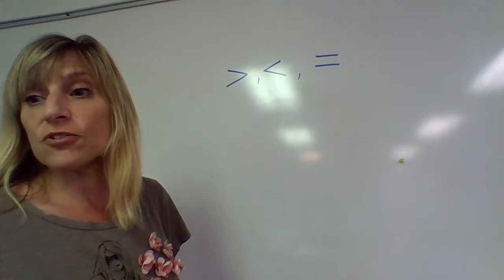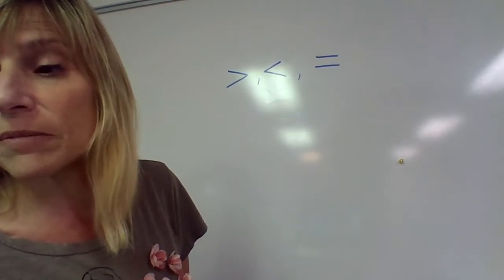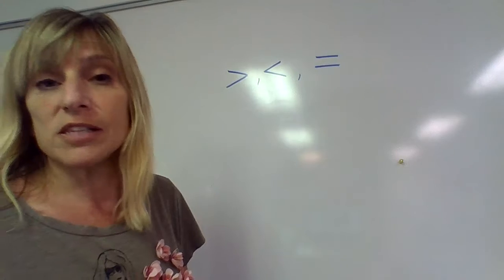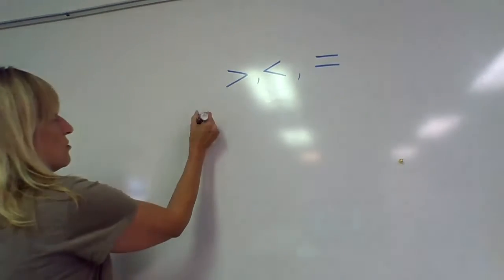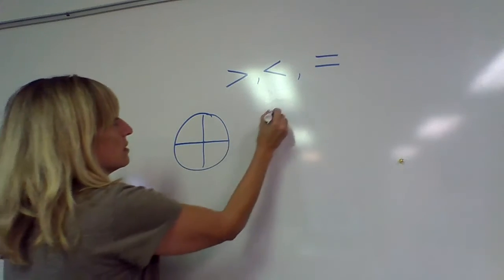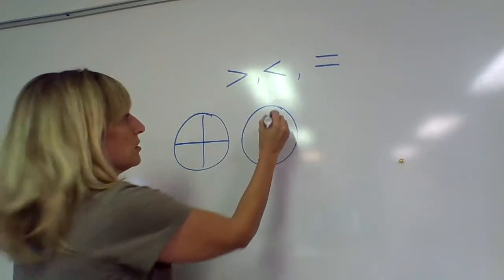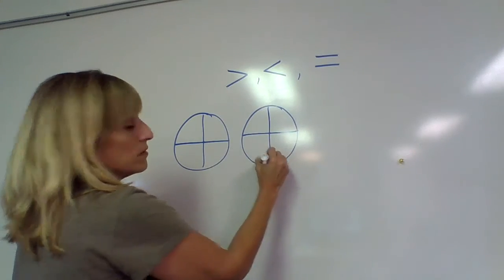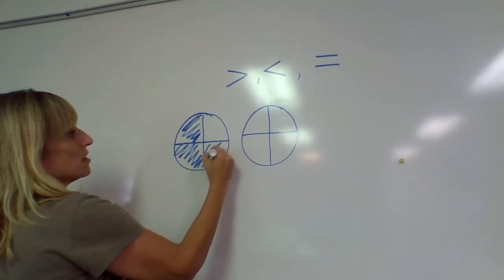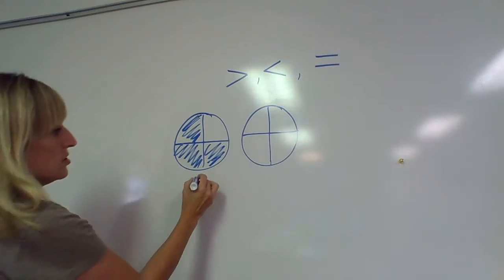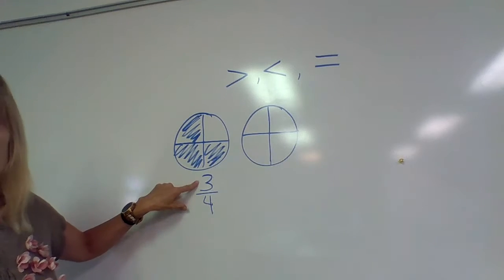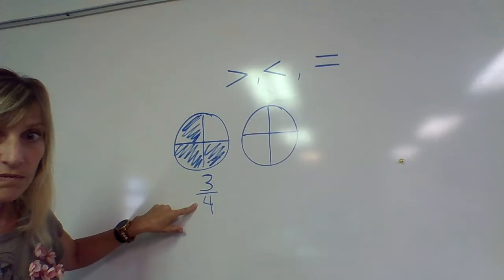So the first, number 1, it says color to show the fractions. Write greater, less than, or equal to. So in the first box, it has, I'm going to write it as we go here. Okay, the first one, there are 3 parts that we need to color in because the fraction underneath is 3/4, right?